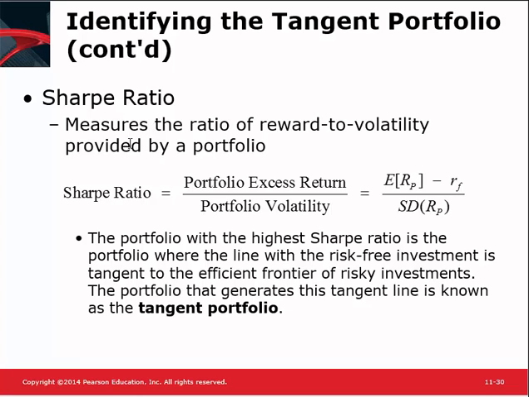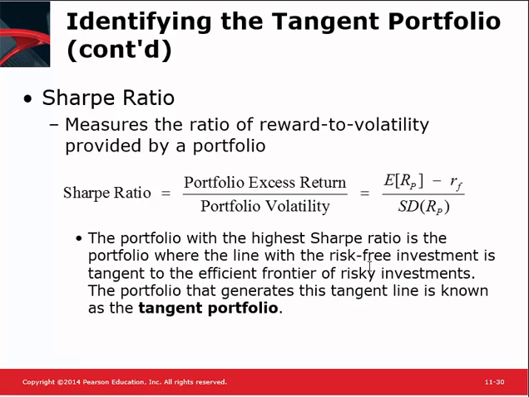There is a formula for something called the Sharpe ratio, and that is the portfolio's excess return, the portfolio return minus the risk-free rate, divided by the standard deviation of the portfolio. And the portfolio with the highest Sharpe ratio is where we would like to invest.